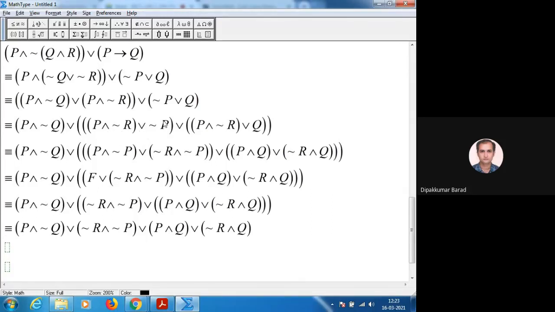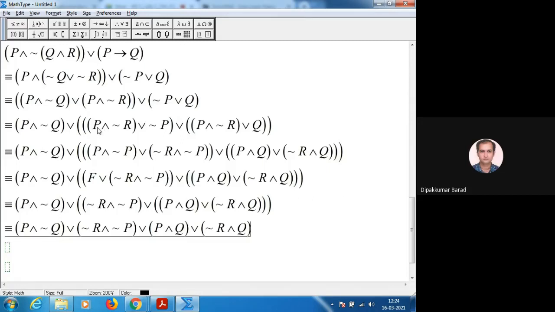So this is P and not P, or not R and not P. This and is distributive over or. Like suppose we have a plus b into c, then how do we write it? A into c plus b into c. Is it clear?